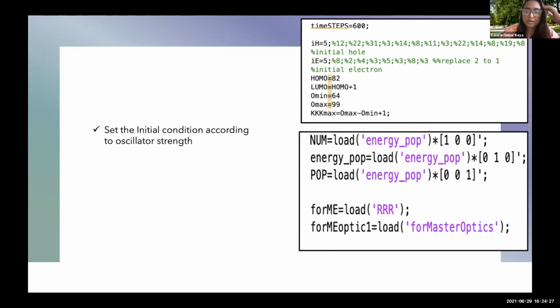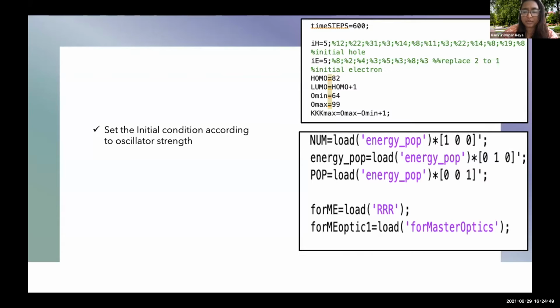Here I choose the 5. That means for HOMO it's like initial HOMO -4, and LUMO +4.